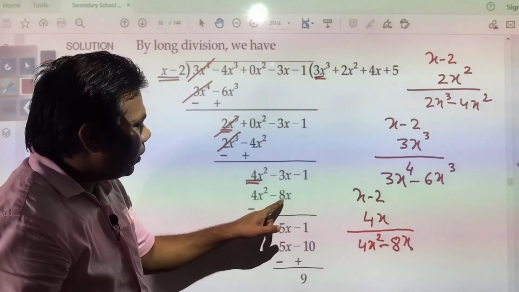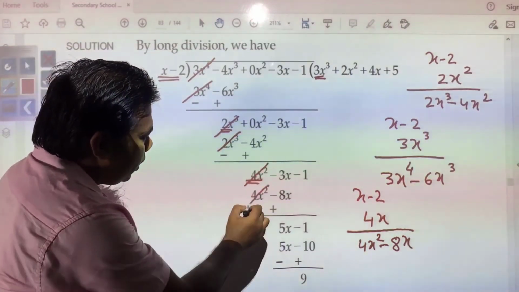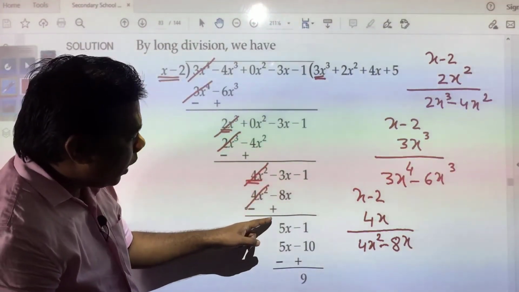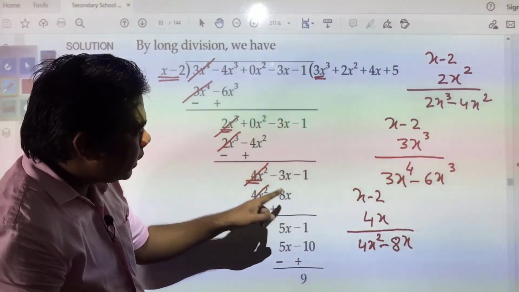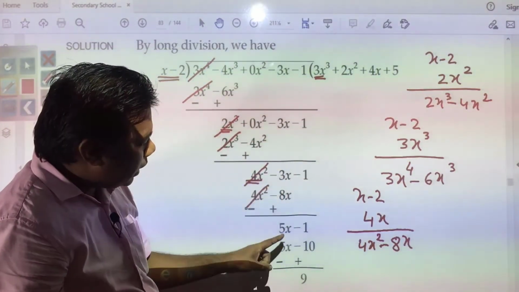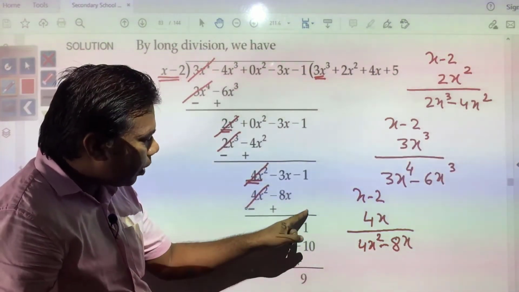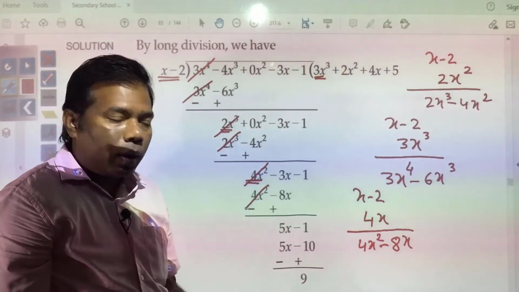This term is required to be written over here, the sign will be changed, this got eliminated, and you are left with plus 8x minus 3x. So plus 8x minus 3x you will get 5x. Next, the term 1 has been taken down, minus 1.